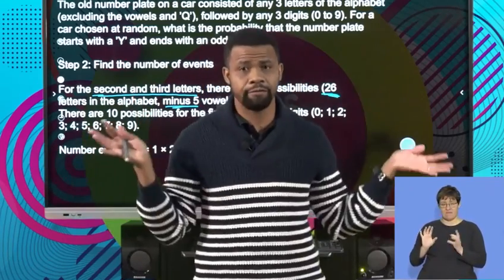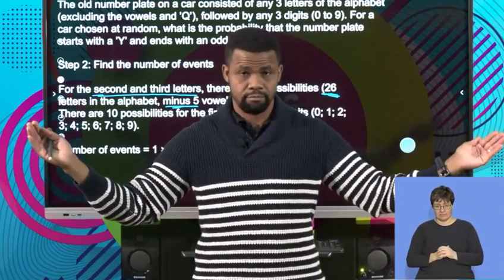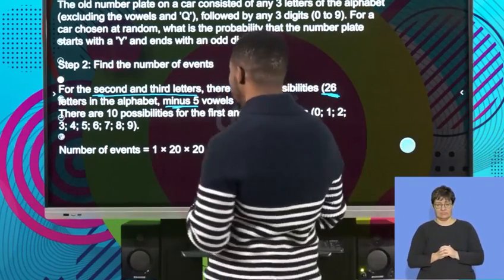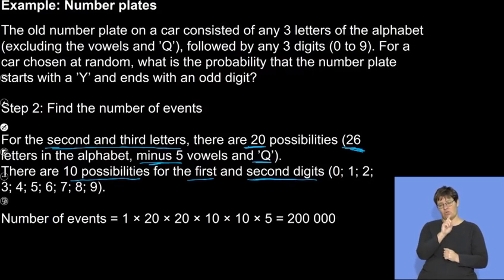So we only have 5 odd numbers from 0 to 9. There are 10 possibilities for the first and the second digit, which is 0 all the way to 9.